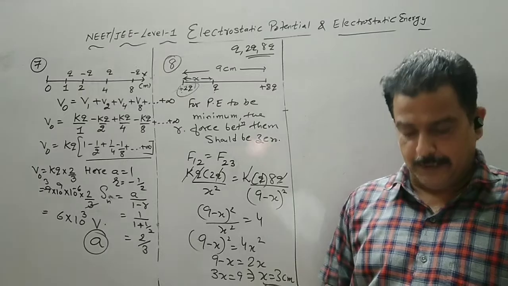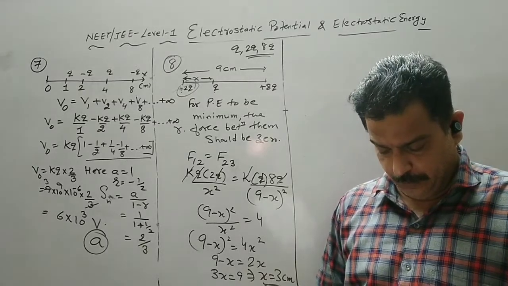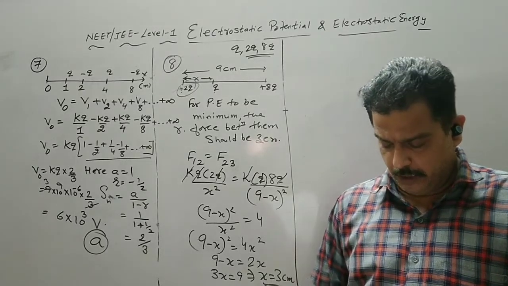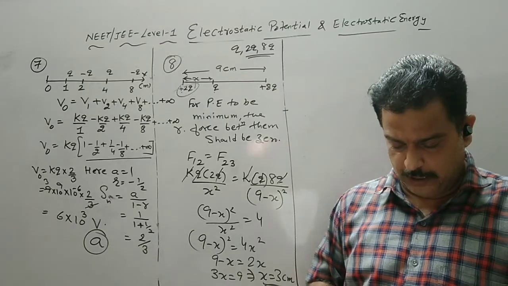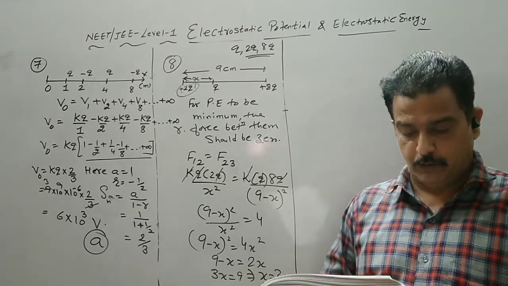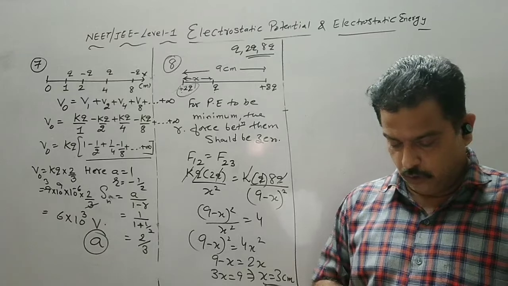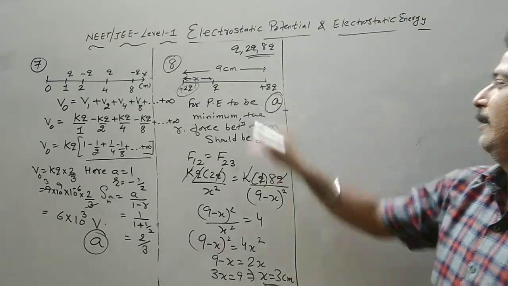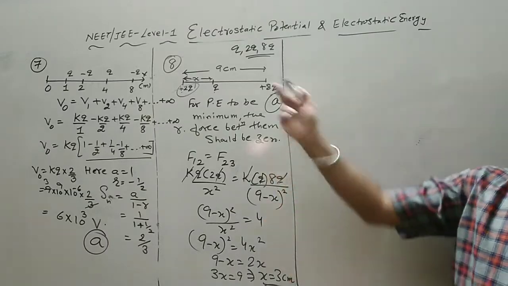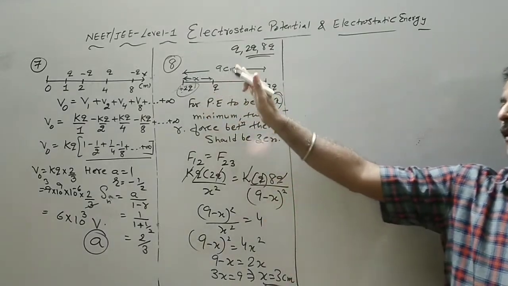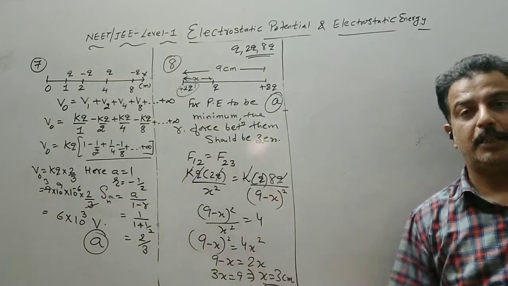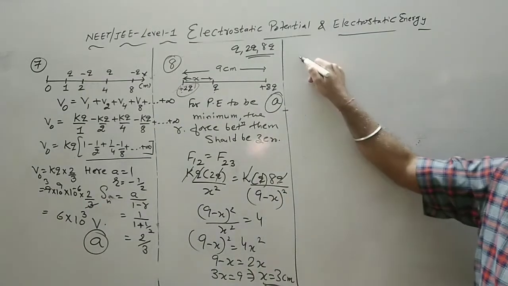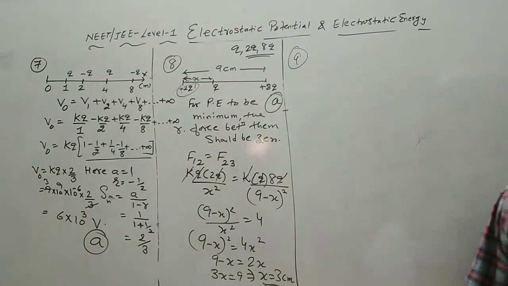So it should be 3 centimeter from the charge. So first option is Q charge between this and this, 3 centimeter for charge Q. So it is option number A. So the third charge, or the Q charge, should be placed 3 centimeter from one charge or 6 centimeter away from the other charge. Question number 9.